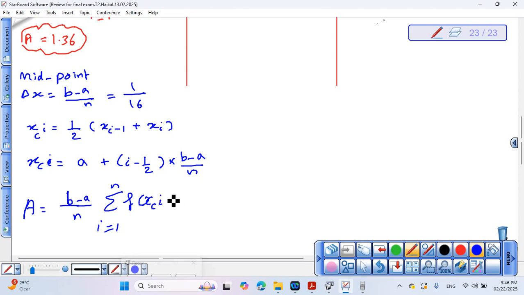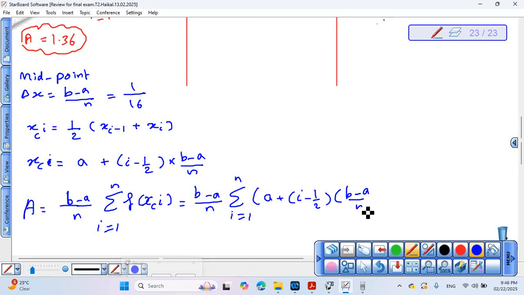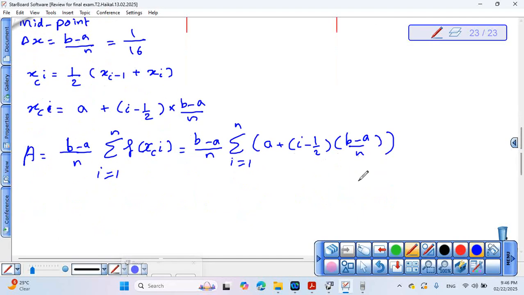Okay, this is equals (b minus a) over n, summation from i equals 1 to n, of f(a plus (i minus half) times (b minus a) over n). This is the general formula to find the area by using midpoint.